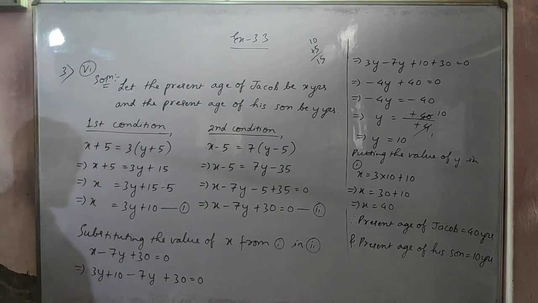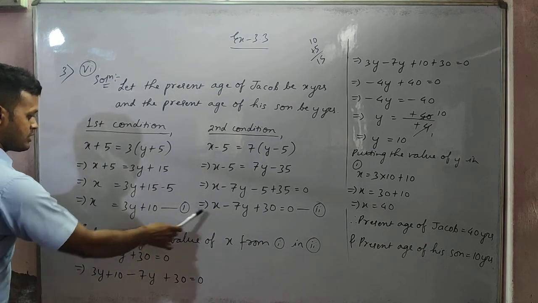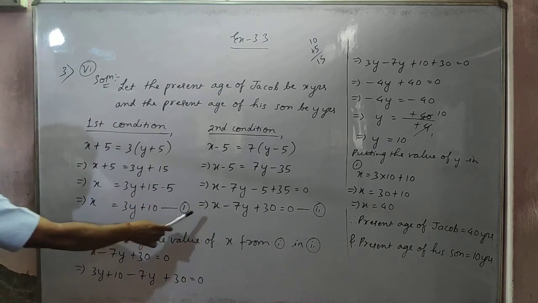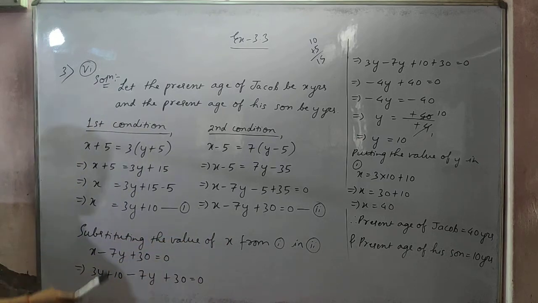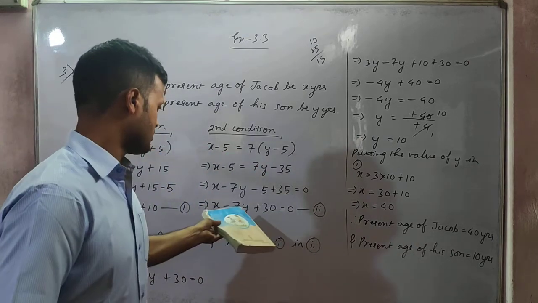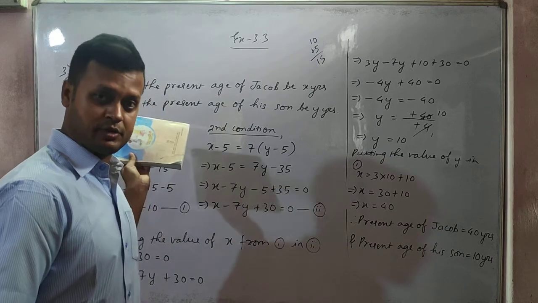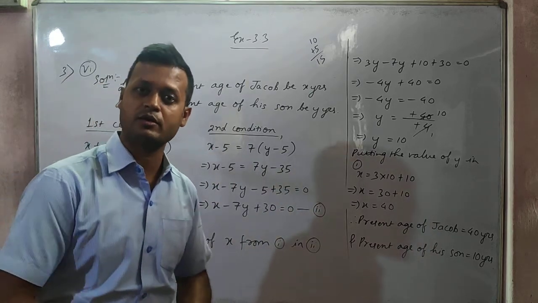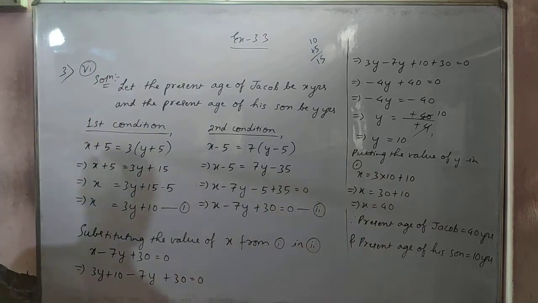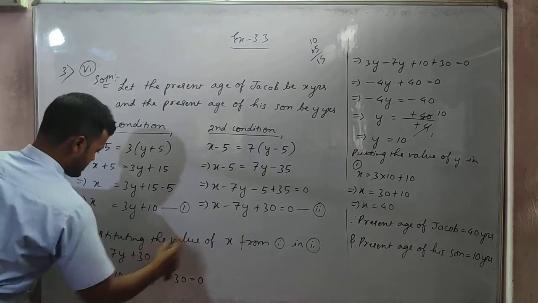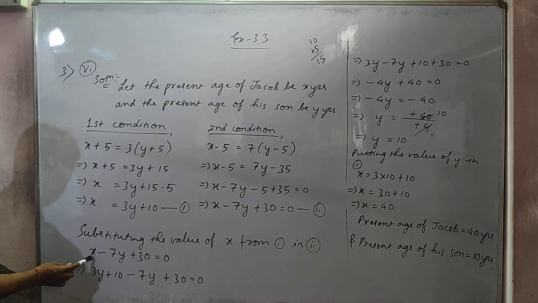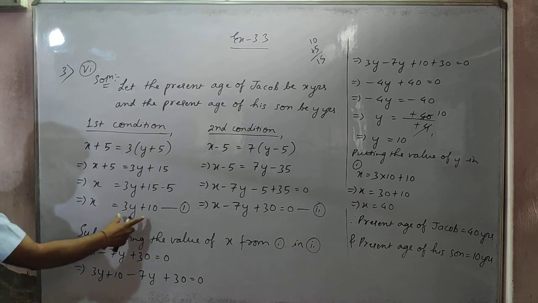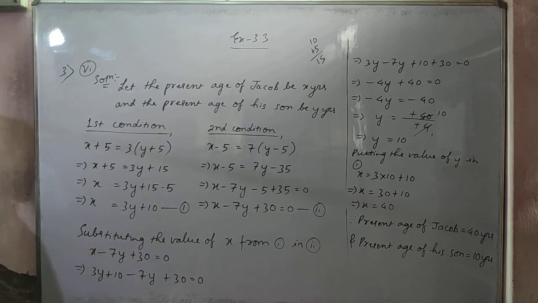Now substituting the value of x from equation 1 in equation 2. In the previous questions I took the value from 2 and put it in 1; here I am taking from 1. It is your wish, you can take from equation 1 or 2. So in this equation, x minus 7y plus 30, in place of x I will write 3y plus 10.